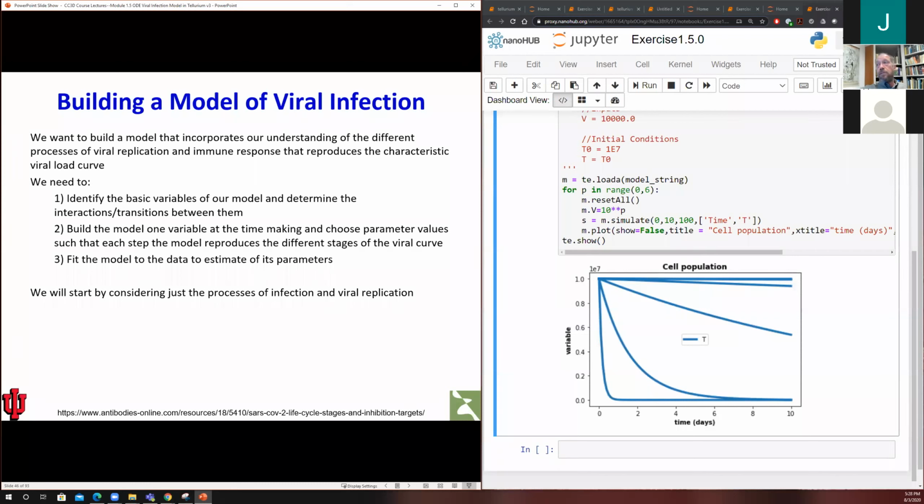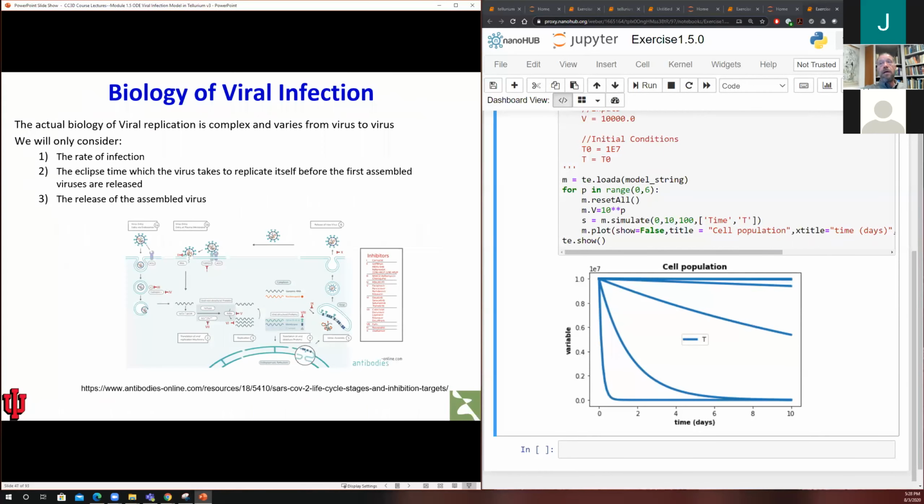So to begin with, we're going to replicate what we had here in our cell population data, and we're just going to think about viral replication and infection. Viral infection and replication is actually pretty complicated. For SARS-CoV-2, a single-stranded RNA-positive virus, the viral life cycle looks like this.